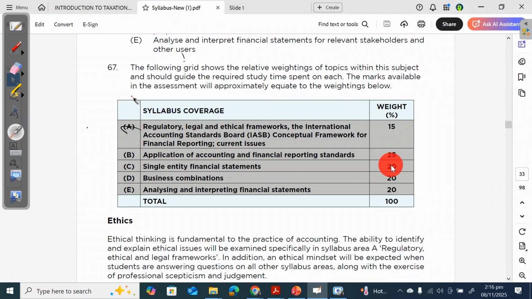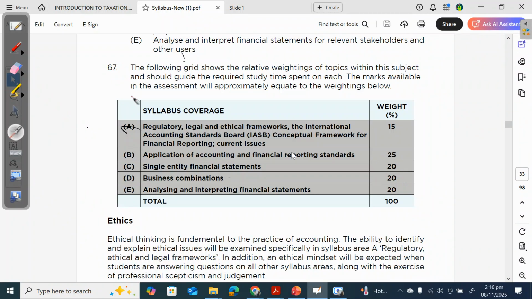Then application of accounting standards and financial reporting, 25 marks. This one is fairly easy. They will give you very simple cases, I mean, not simple though, but at least straightforward, something that you can handle. 25%. And it's not as time consuming as these others.